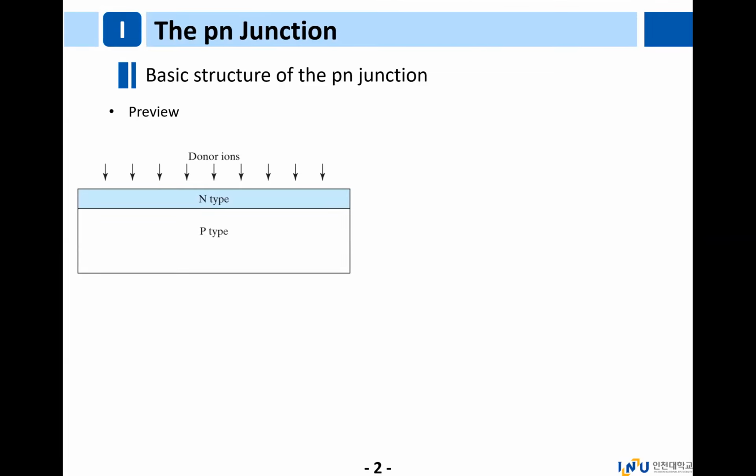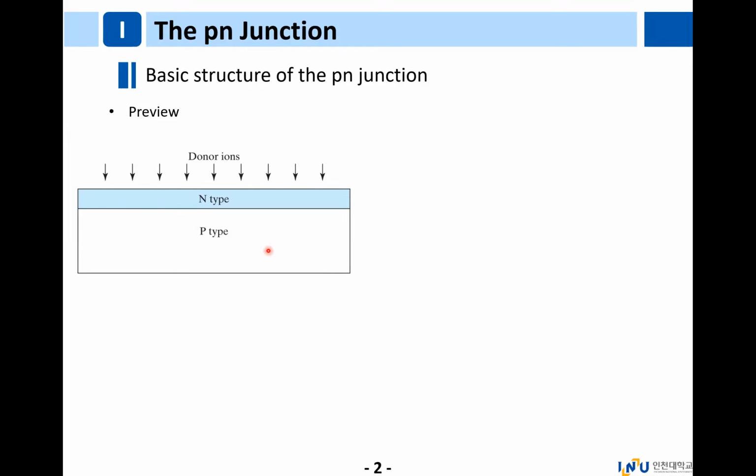Before delving into the details of the p-n junction, let's briefly overview the fabrication process. Since this class is not focused on fabrication, we won't go into the intricate details. To create a p-n junction, start by preparing a p-type wafer.